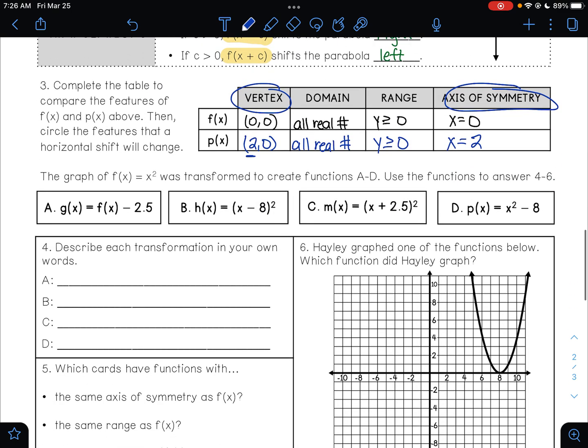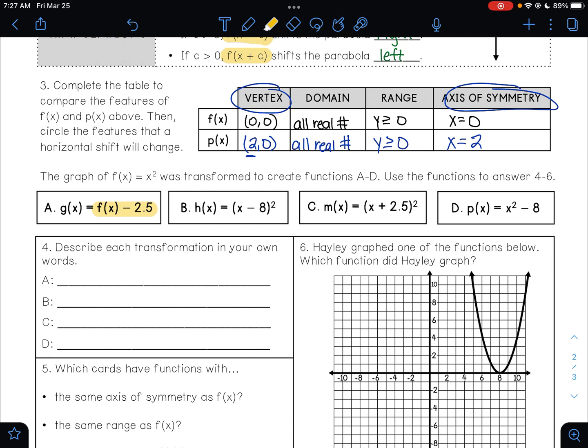Okay, so let's see what the last little bit has for us. The graph of f of x equals x squared was transformed to create functions A through D. Use the functions to answer questions 4 through 6. So number 4, describe each transformation in your own words. So let's look at A. This one right here is A. To me, A looks a lot like what we started with on the front page because it's not inside the parentheses with the x.